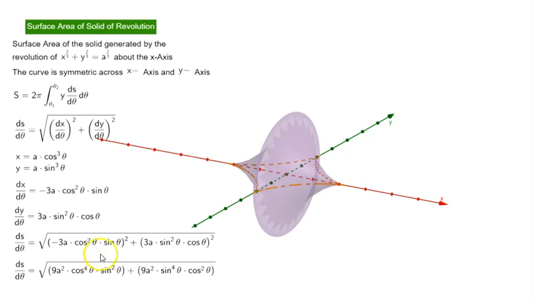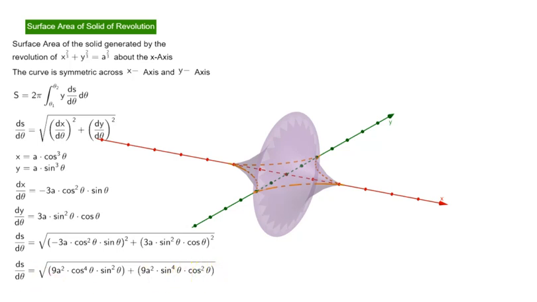Simplifying this by opening up the squares, we get 9a square times cos to the power of 4 theta times sine square theta plus 9a square times sine 4 theta times cos square theta.